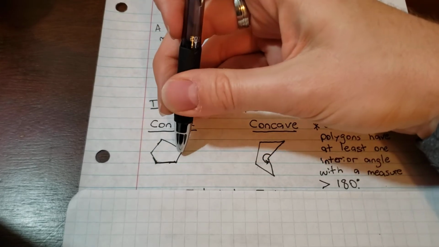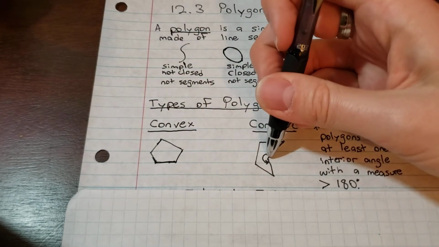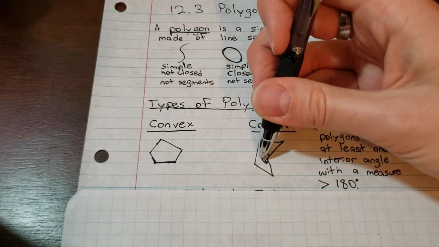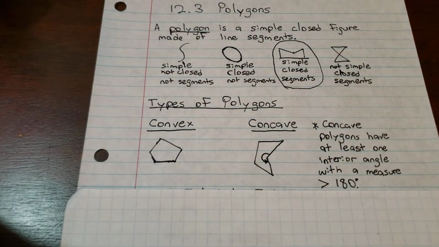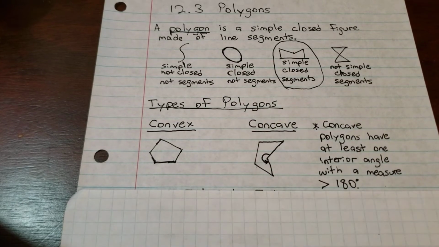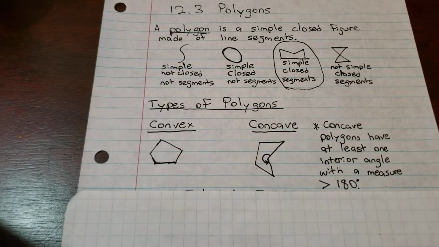They're all less than 180 degrees. Whereas this angle here, if I start here and measure all the way, well, it's beyond a straight line, so therefore it's greater than 180 degrees, making this polygon concave.